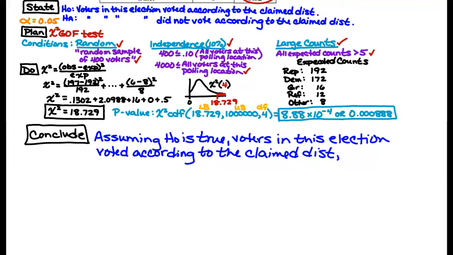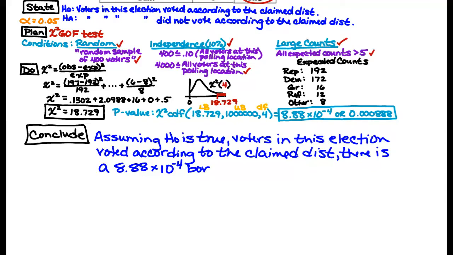And then what? Assuming the H0 is true, I just explained what the H0 is. Yes, there's an 8.88 times 10 to the negative 4, or you can write it out long form, but you do need to reference your p-value here.